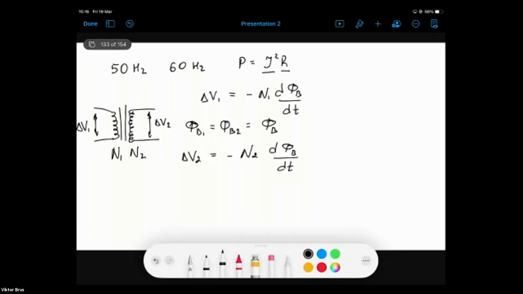Now we can solve for this derivative in both cases and equate two equations.